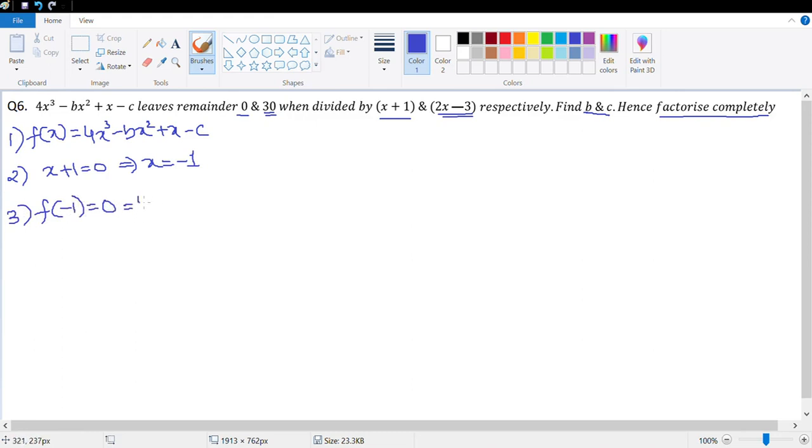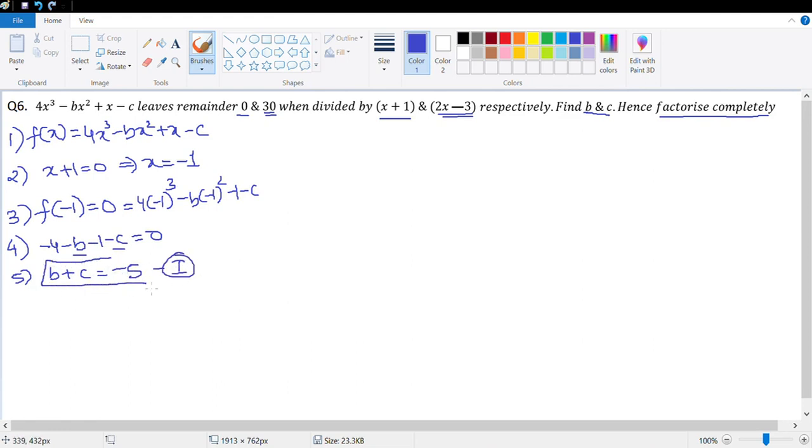That's 4 multiplied with negative 1 cubed, minus b multiplied with negative 1 squared, minus 1 minus c. That gives us negative 4 minus b minus 1 minus c is equal to 0, which means if I take negative b and negative c on this side, that's b plus c is equal to negative 5. That's our first equation.